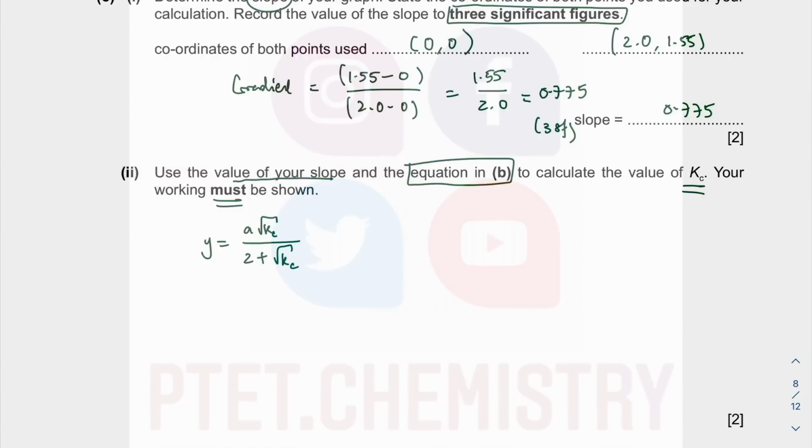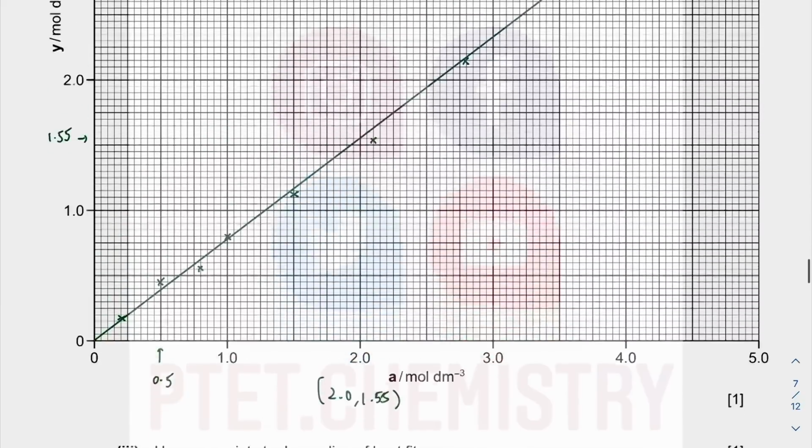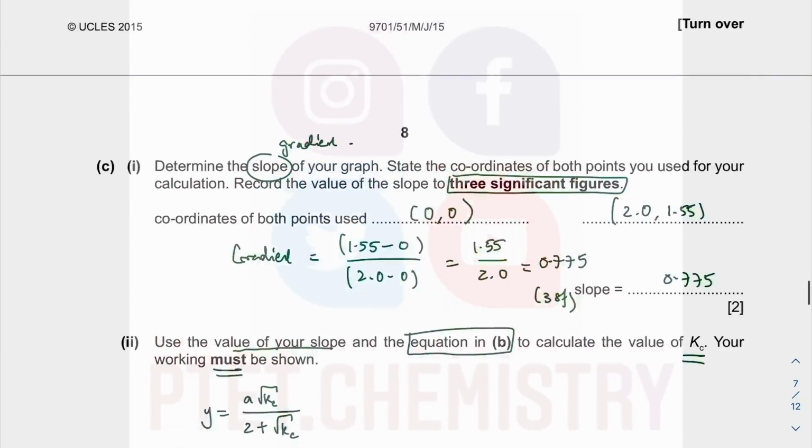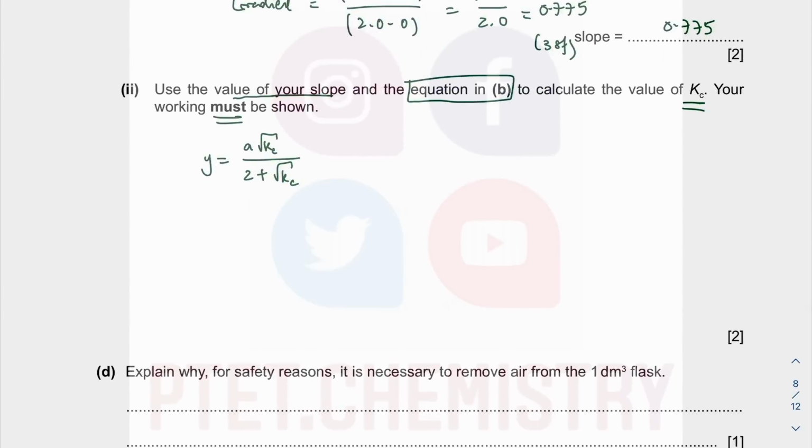So what was the graph you show? Your graph that you drew was y against A. I hope you can see that is your y-axis. This is your x-axis.